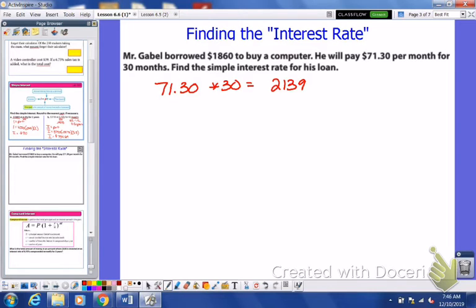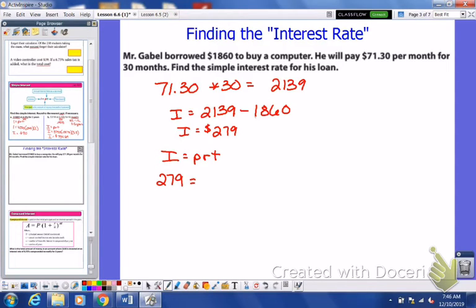Now using that, I want to find how much interest he paid. My interest would be the total amount that he paid minus our principal, $1,860, which tells us that he paid $279 in interest. Now we have the information that we need. If we go to our formula, I equals PRT, I now know that my I is 279.